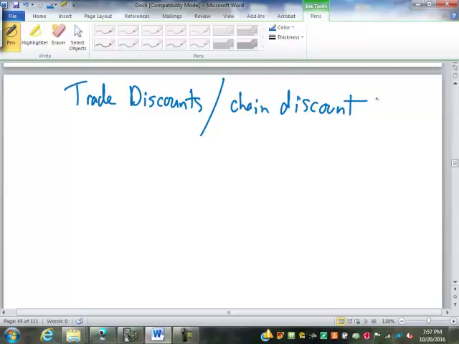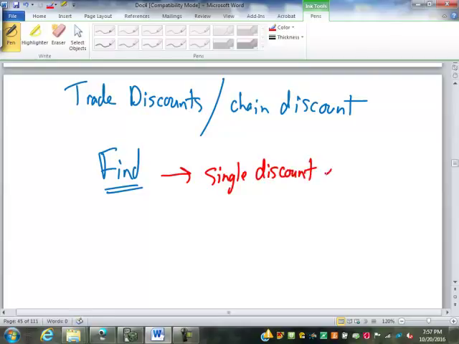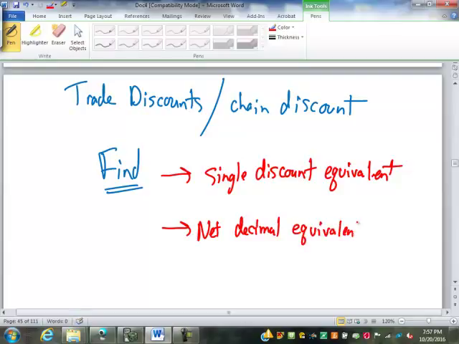Given trade discounts or chain trade discount. Remember, chain is when several trade discounts happen in a row. You'll need to be able to find the single discount equivalent and the net decimal equivalent.